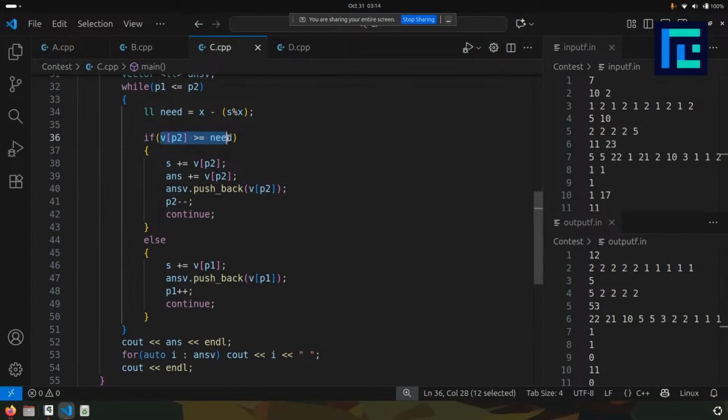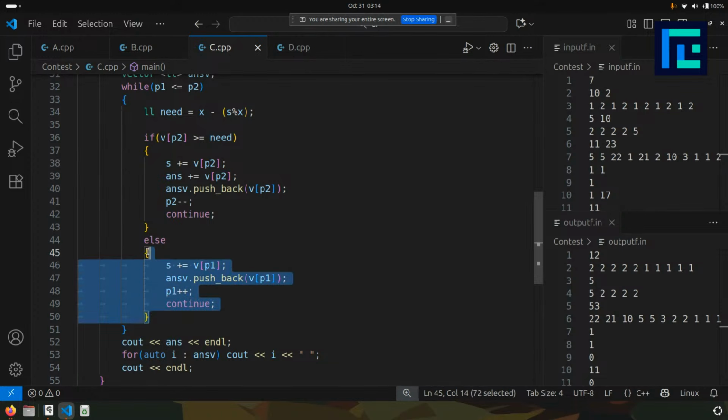And if this is smaller than need, then basically we can just add the cheap item and push it back into the answer. We don't need to increase our total bonus points because we are not progressing to the next level. Since if the largest possible price cannot make us progress to the next level, then there is no way that this cheap item will progress us to the next level.